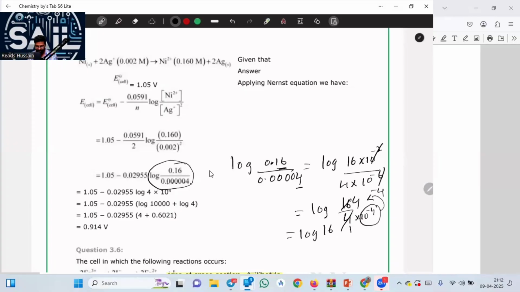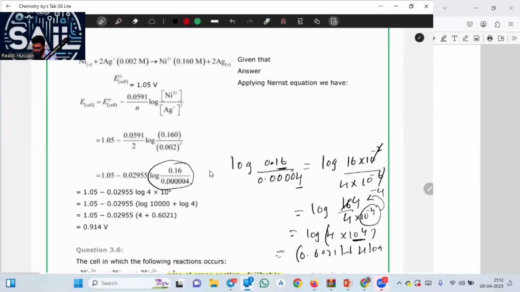So I write directly log 4 into 10 raised to 4, that is equal to log 4 value 0.6021 plus log 10 raised to 4, which becomes 4.